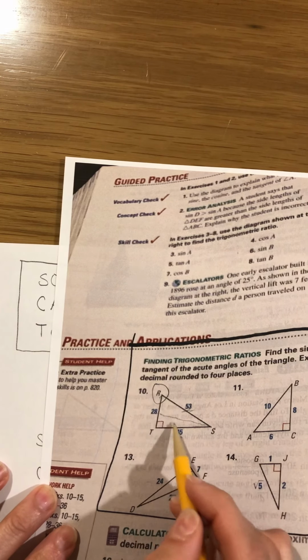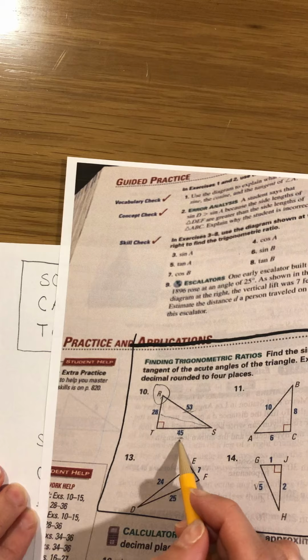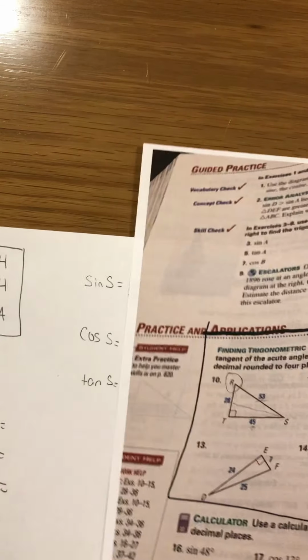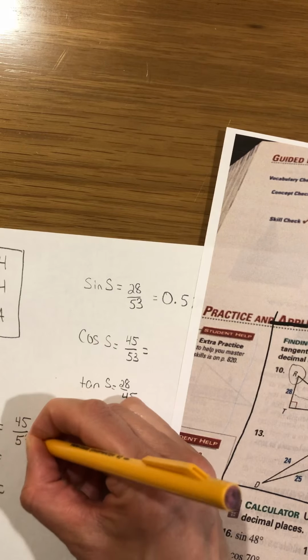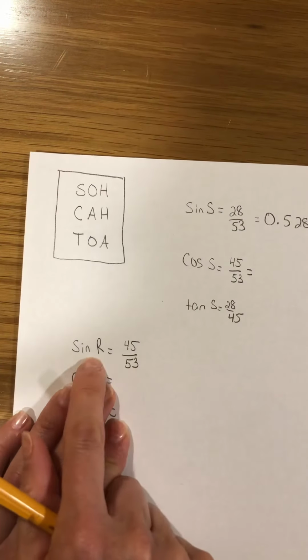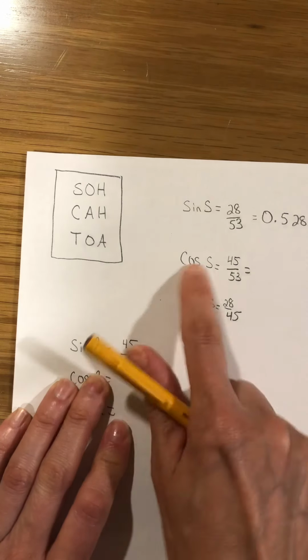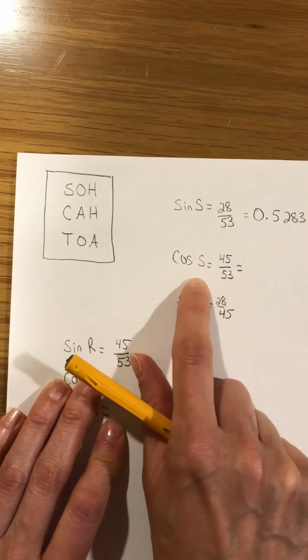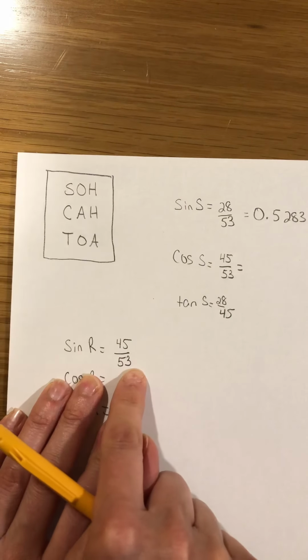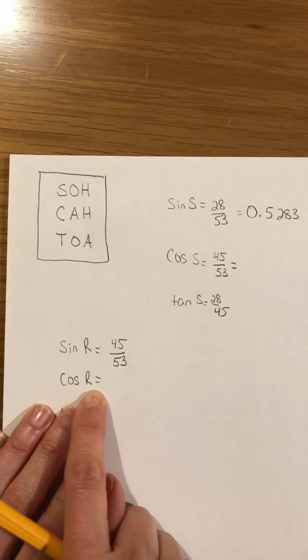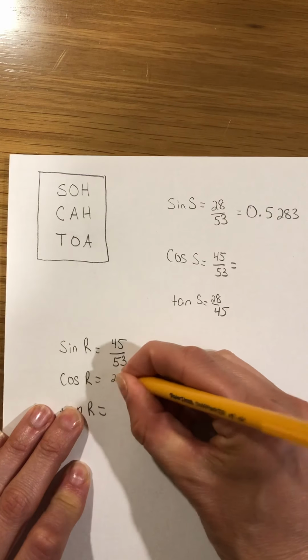Now the opposite side is 45, and the hypotenuse is still 53. So 45 over 53. Also notice that the sine of one angle is the same as the cosine of the other acute angle. 45 over 53 is the cosine of S and the sine of R. So the cosine is going to be the same as the sine.